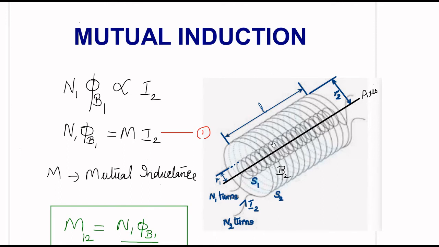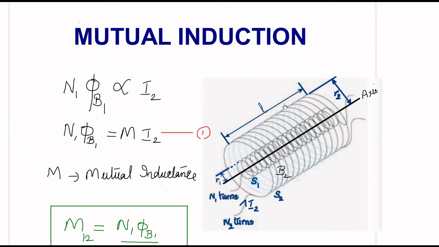So the magnetic flux linked with S2 is partially associated with coil S1, or the magnetic field produced by S2 is the same within the coil S1.